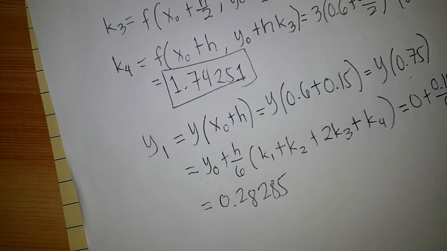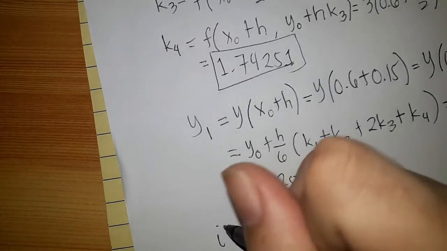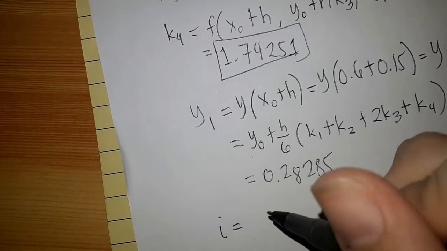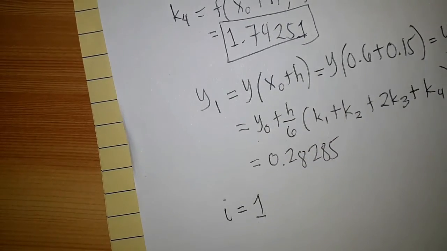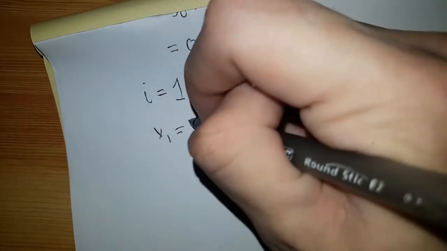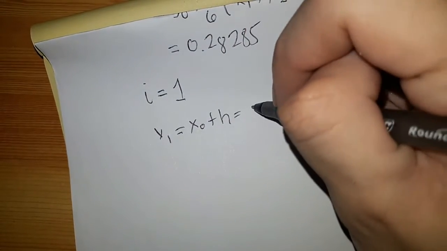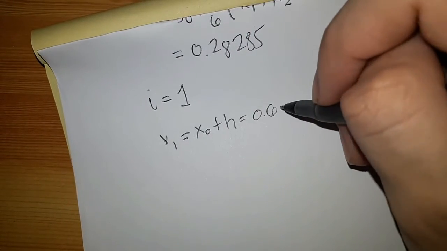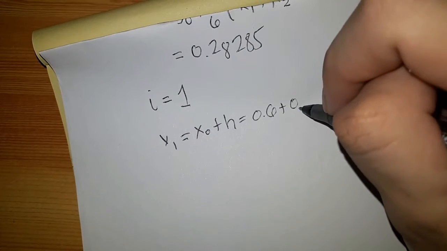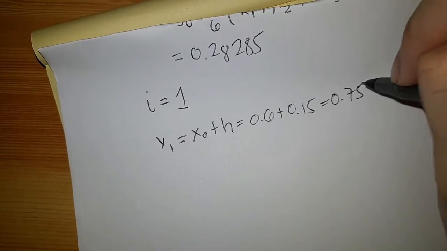On this part, the value of i will now become 1. So now x1 is equal to x sub 0 plus h, which is 0.6 plus 0.15, which is equal to 0.75.